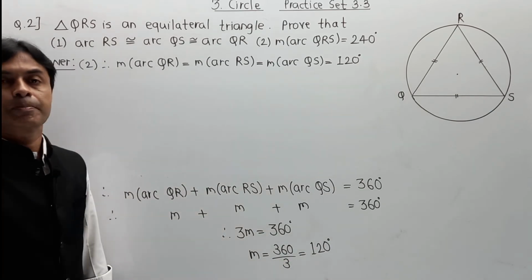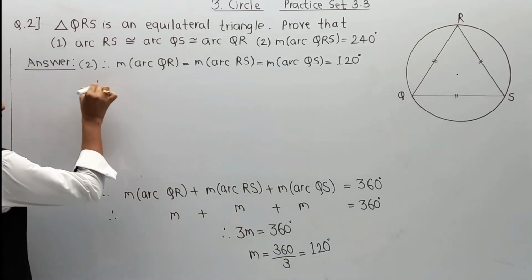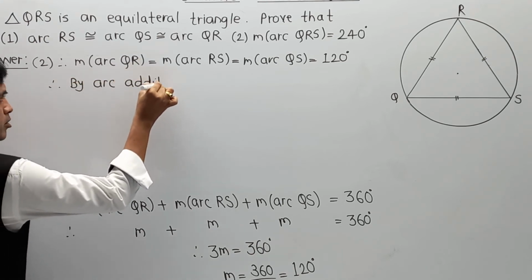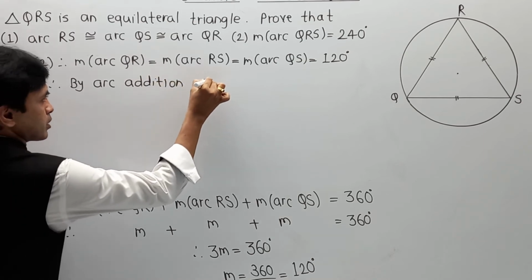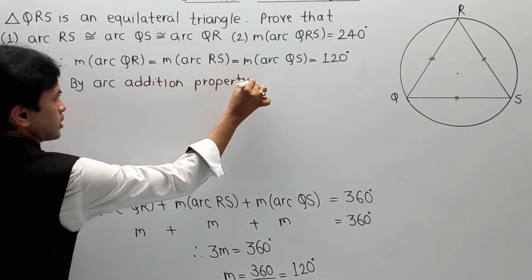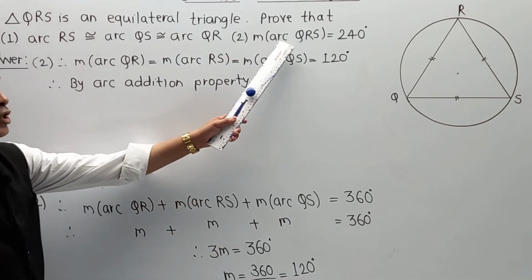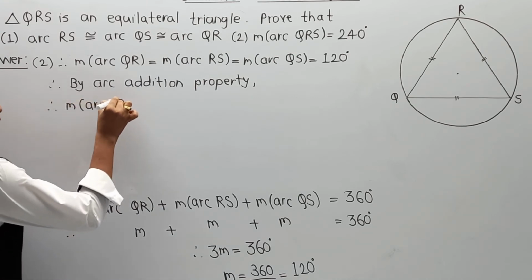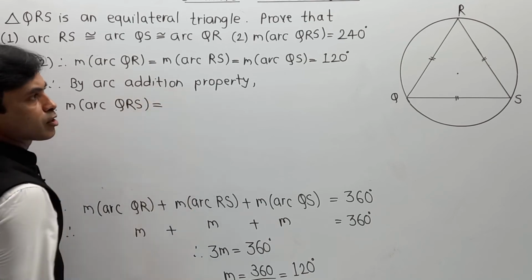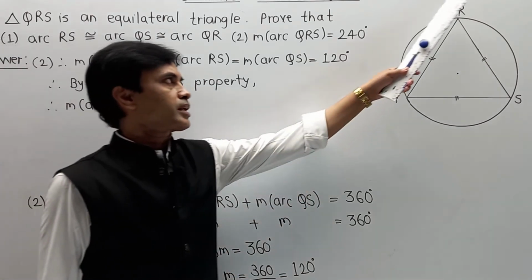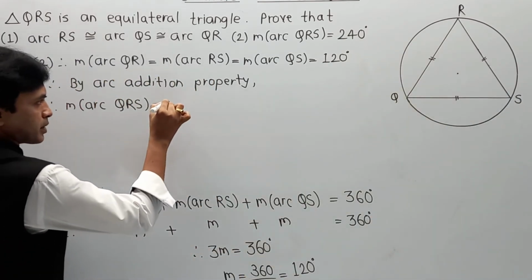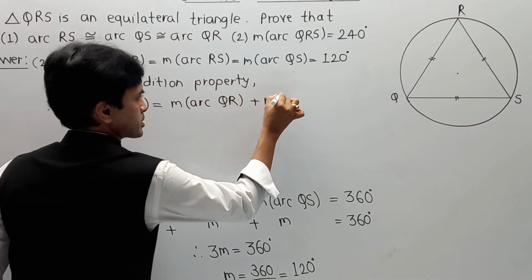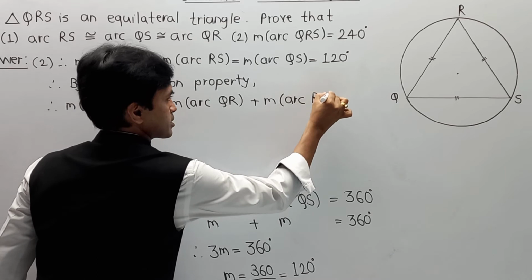QRS. It is nothing but simple arc addition property. So therefore, by arc addition property, major arc QRS is equal to major arc QR plus major arc RS.